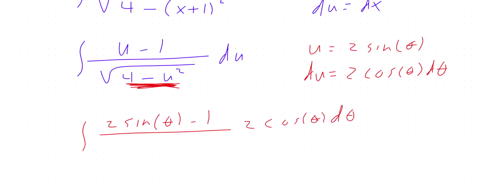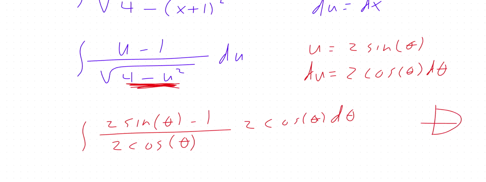And then our bottom, factor out the 4 under the square root. That's a 1 minus sine squared. Do the square root. Comes an absolute value of a cosine, but again, we're going to restrict it to the first and fourth quadrant, so we don't have to worry about the absolute value.